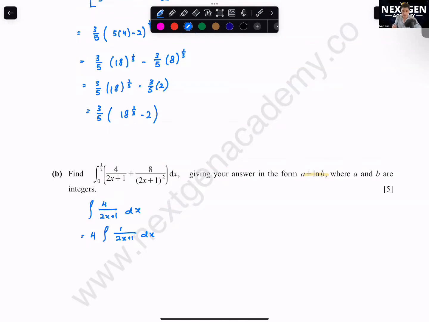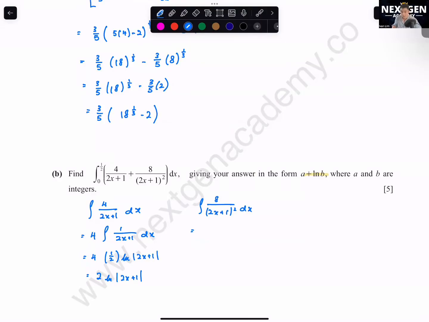Whenever my denominator power is 1, we have to think about ln. So this will be 4 times 1 over 2 ln of 2x plus 1, which is equal to 2 ln of 2x plus 1.